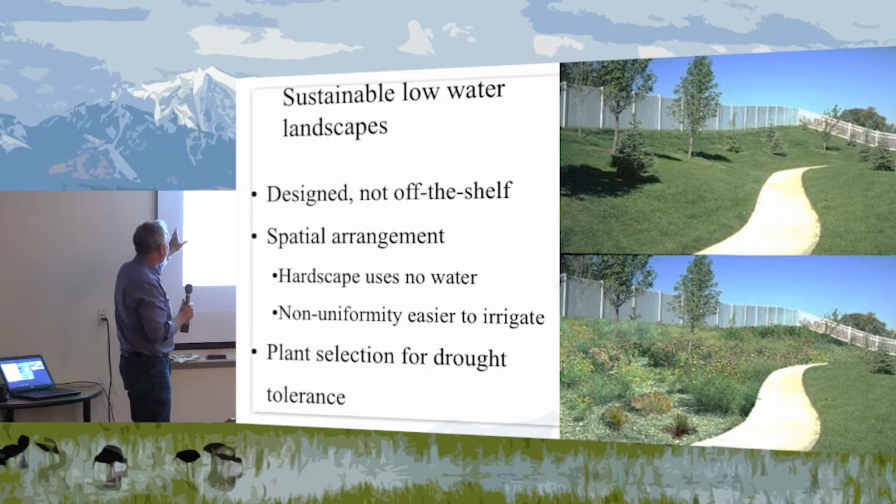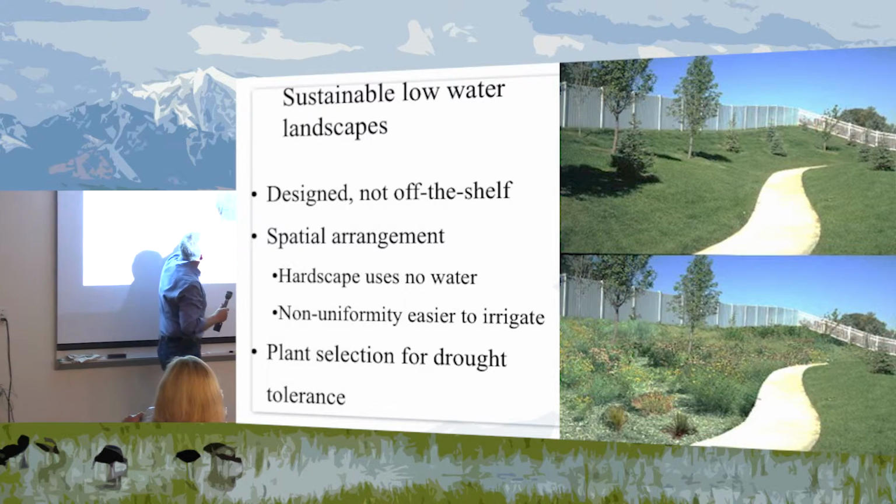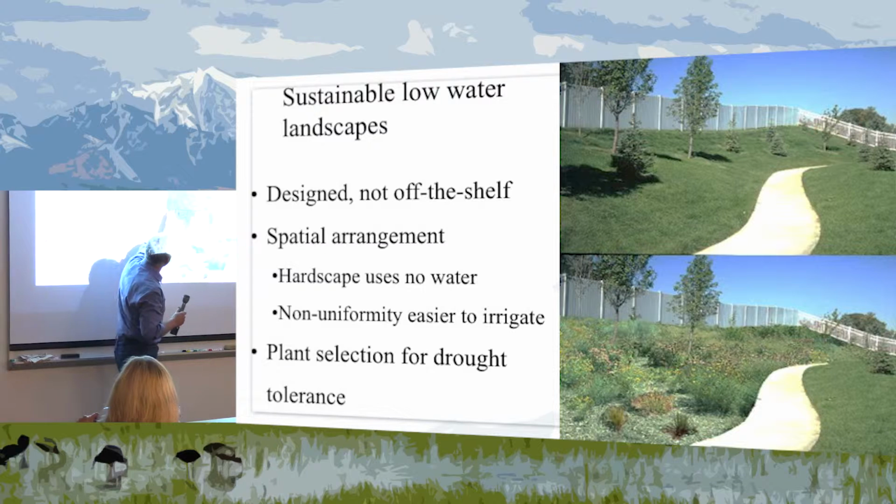Low water use landscapes are designed, they're not off the shelf. Design is fundamental to achieving any kind of low water use landscape. This is what I would consider a mindless landscape with turf grass, trees embedded, slope, water runs off too easily.